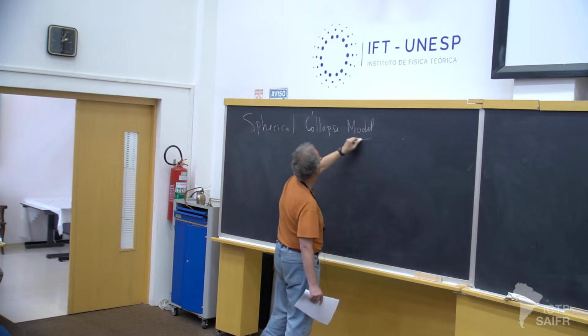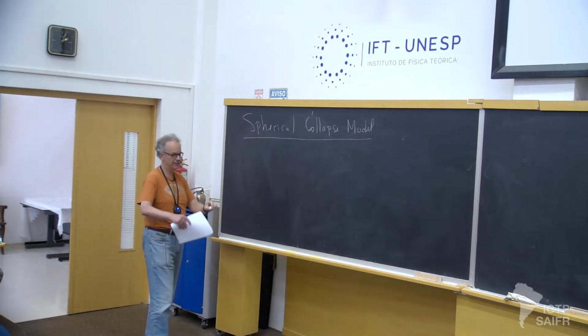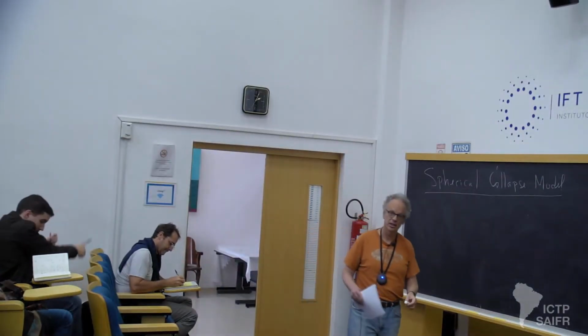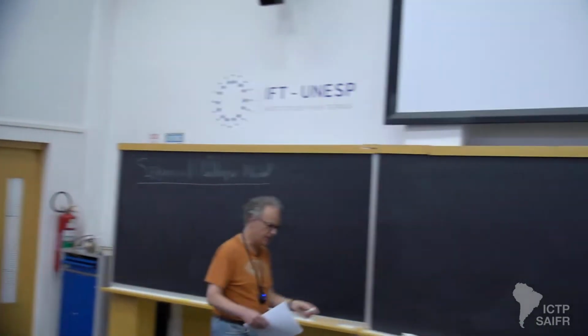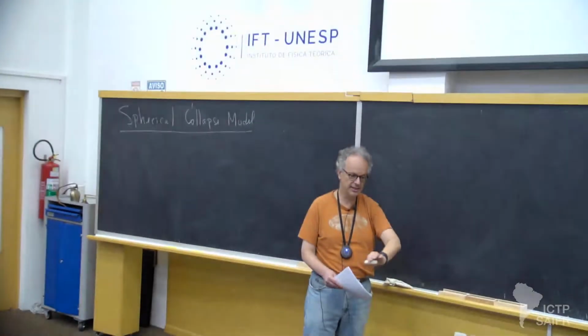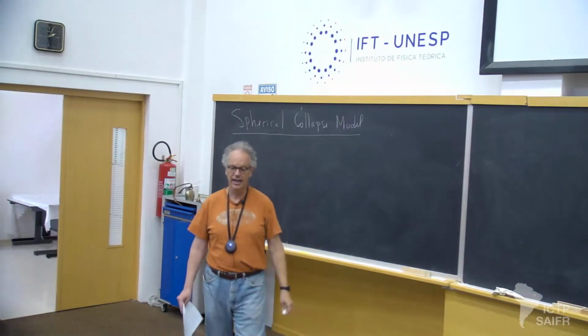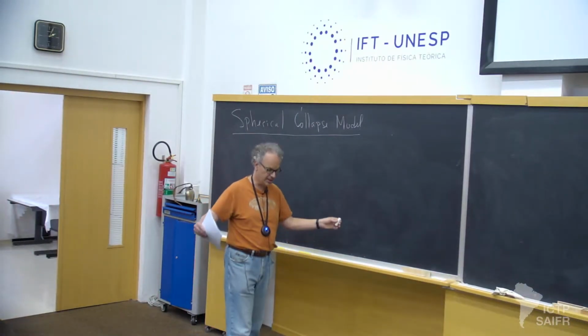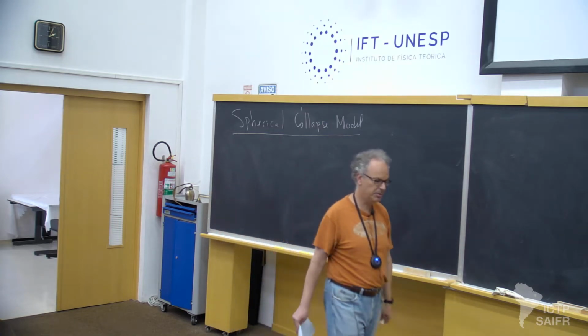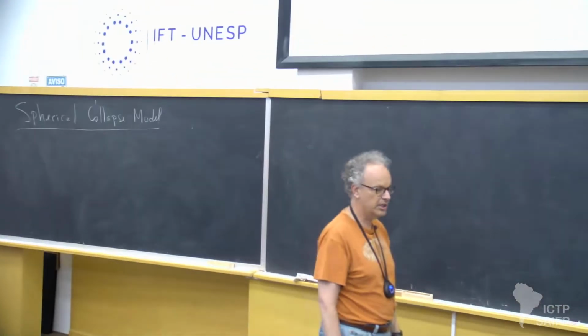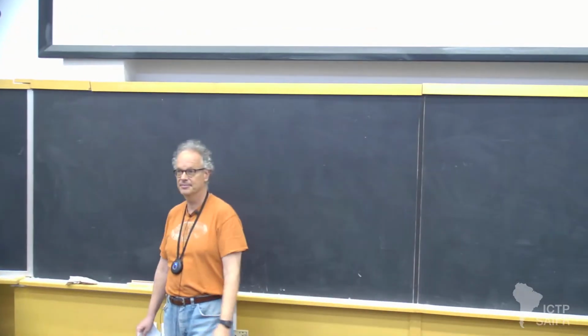So you remember that this is a model where you have an Einstein de Sitter universe with a spherical perturbation with uniform density inside it. And given the assumption that the mass inside this perturbation is conserved, you can solve the model exactly.